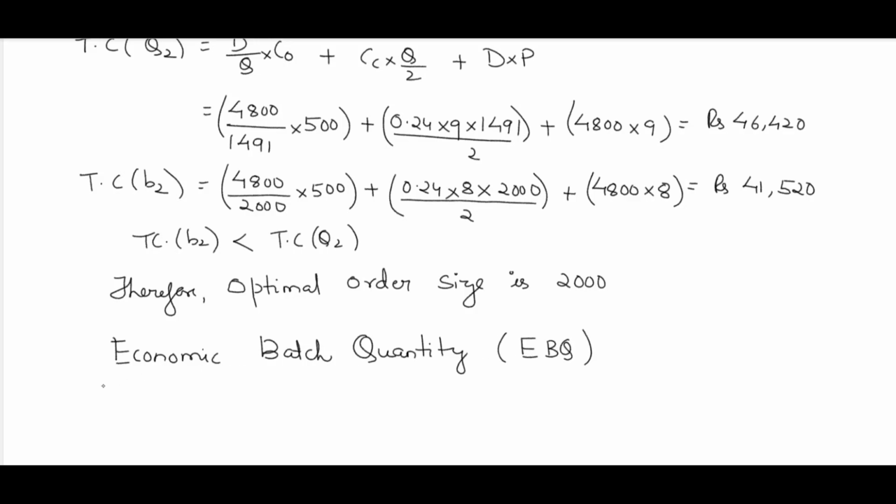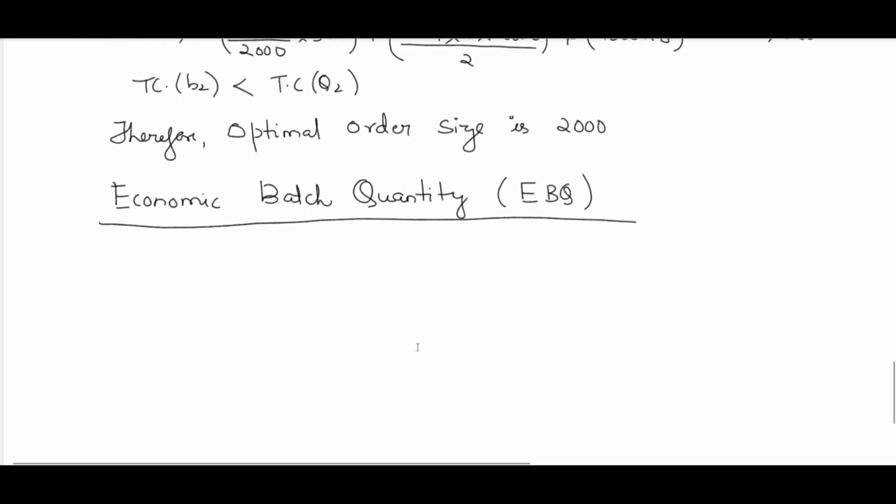This is the difference between EBQ and EOQ. By means of EOQ we determine the order size, when the parts or materials will be delivered by some external supplier when the order is placed. What is the order size that we are going to order?